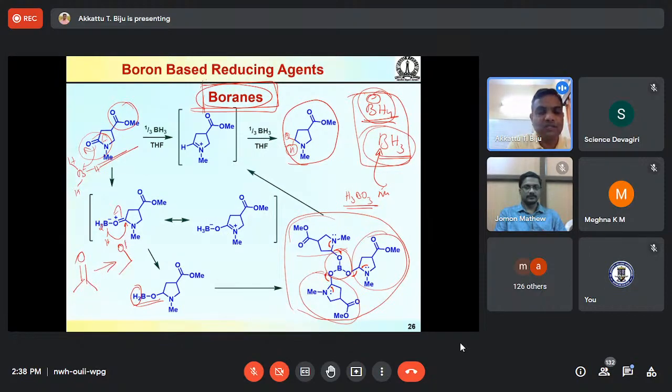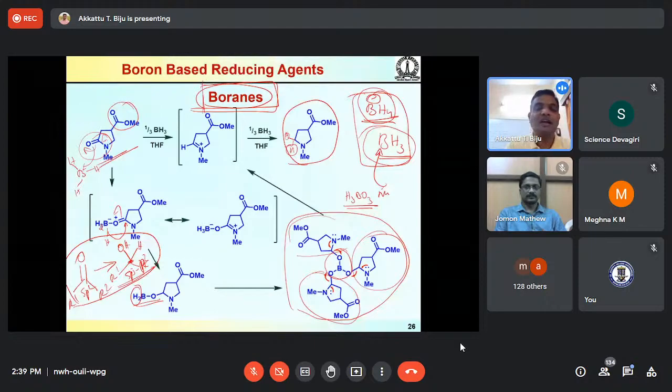So if you consider the reduction of a ketone to an alcohol, we convert the sp2 center to an sp3 center. And if we have different groups attached on the ketone, at the end of the reduction reaction we get a chiral center. And if we use a chiral reducing agent, we can have selective construction of the desired product at the end of an enantioselective reduction reaction using borane.